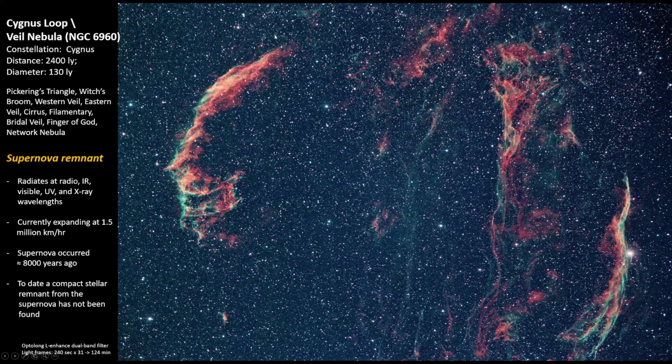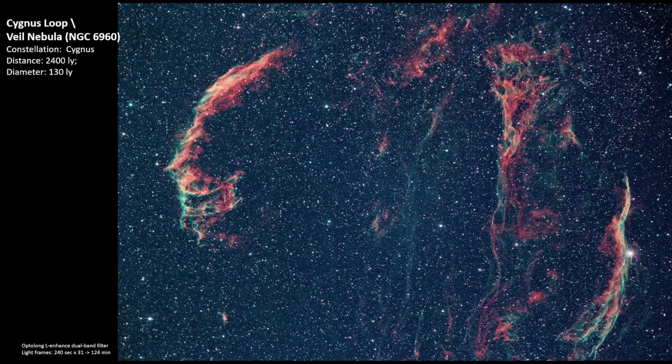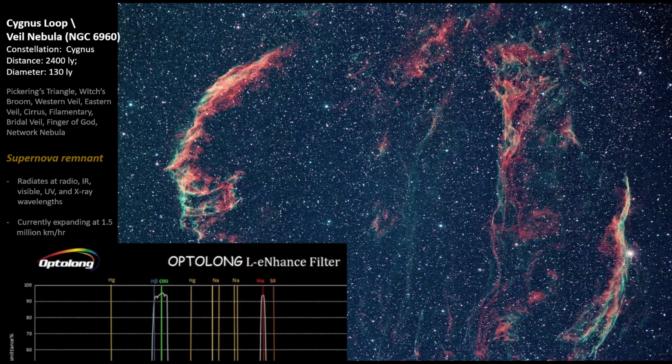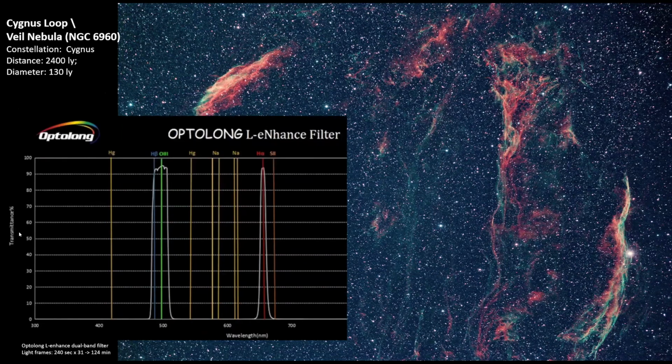Okay, so on this image, I once again use this Optolong dual band filter, and I went the wrong way, which is here. So this is a diagram of the filter function, and you can see the filter is specifically to pick out the red H alpha line and the blue H beta line and green O3 line.